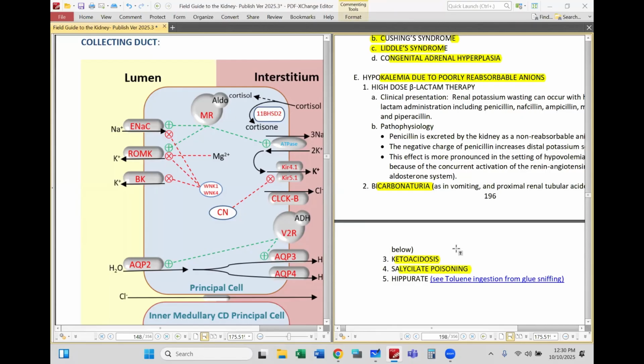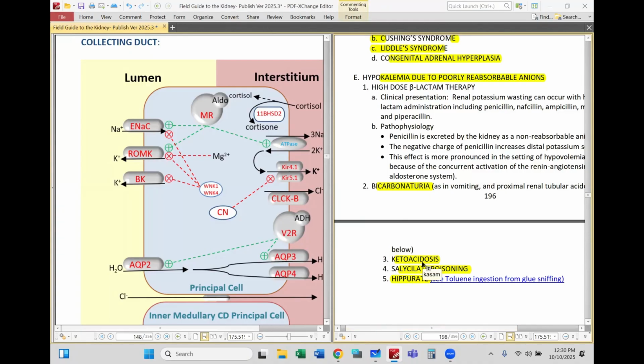Salicylate toxicity, another anion that's filtered, will obligate urinary K losses. That often works against you. We'll get to that when I talk about acid base and salicylate toxicity. But K deficiency often works against you in salicylate toxicity, so it is clinically relevant.